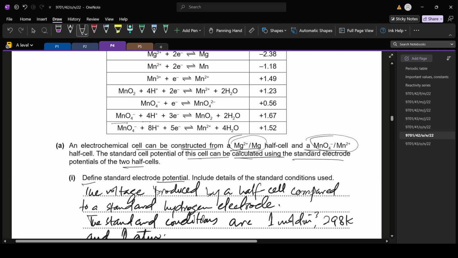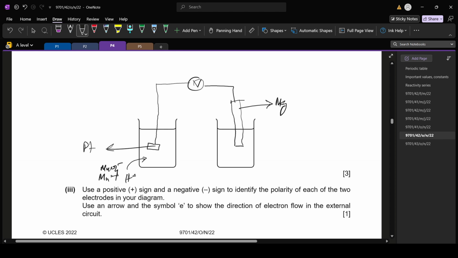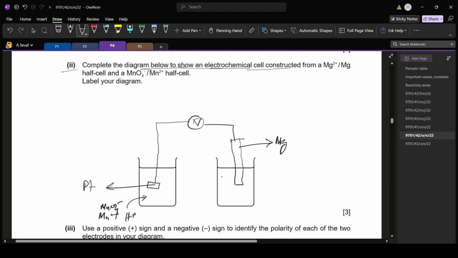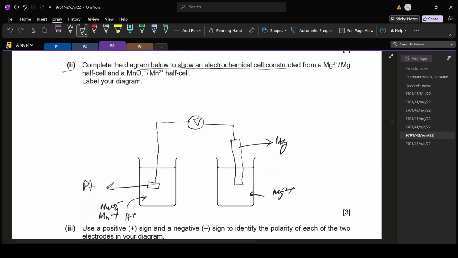In the magnesium solution you will have magnesium 2+ ions. And you will also have a salt bridge. This is the salt bridge. It maintains the flow of ions, the flow of charge.